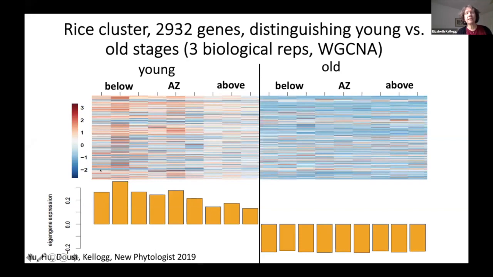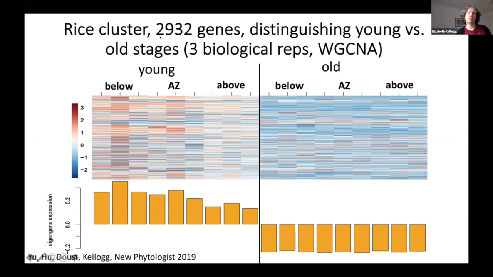What we have is a heat map of expression levels. These are 3 replicates for below the glumes, 3 replicates within the abscission zone, and 3 replicates above the abscission zone. This is at a young developmental stage. And then the same set of replicates below the abscission zone and above the abscission zone at an old developmental stage.